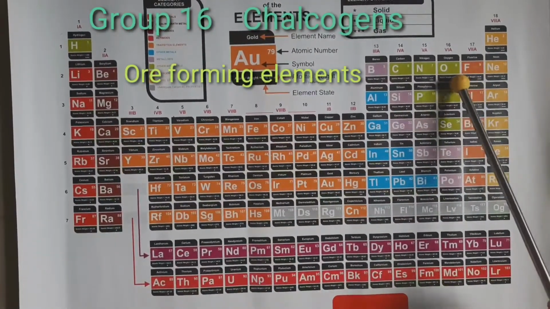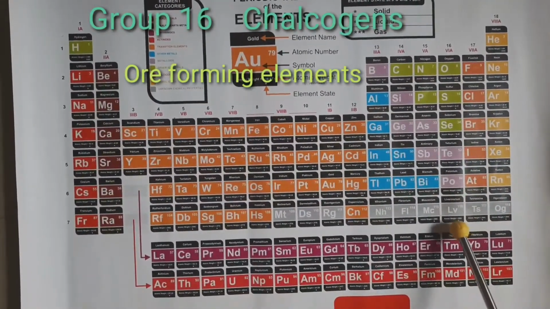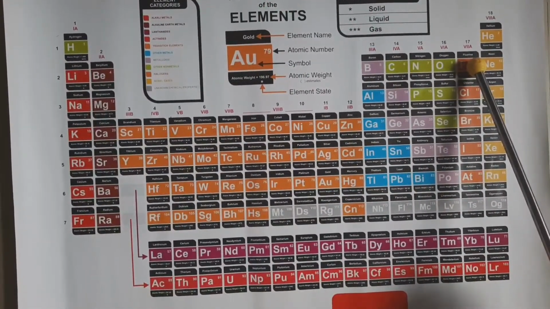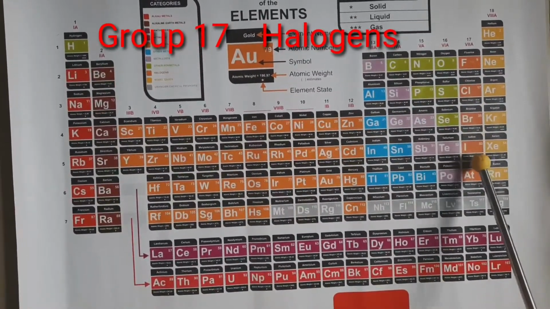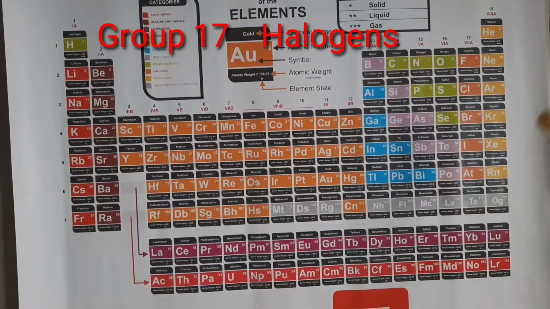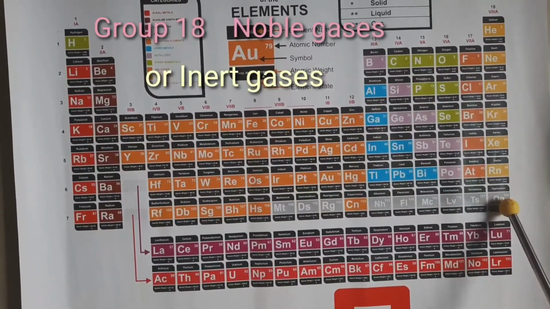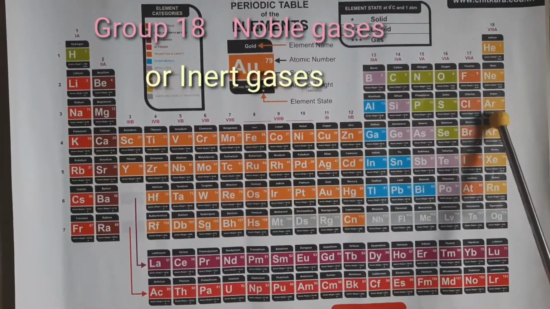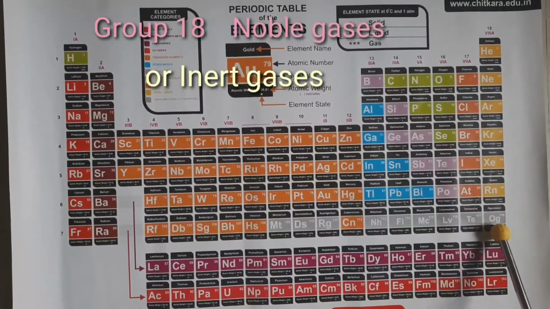It involves oxygen, sulfur, selenium, tellurium, polonium, livermorium. Group number 17 elements are known as halogens, which are fluorine, chlorine, bromine, iodine, astatine, tennessine. And group number 18 elements are inert gases or noble gases, which are helium, neon, argon, krypton, xenon, radon, oganesson.